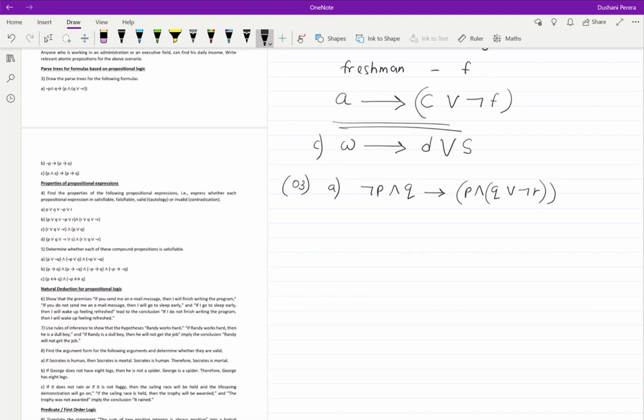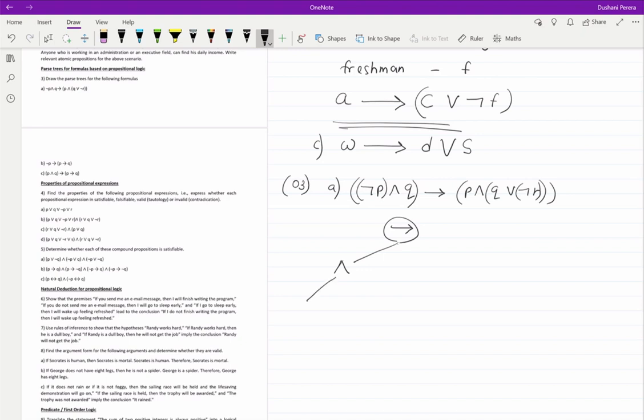So let's put brackets and separate sections of our formula. Alright, now as you can see, the implication comes first on top, and then on our left hand side we have an AND.